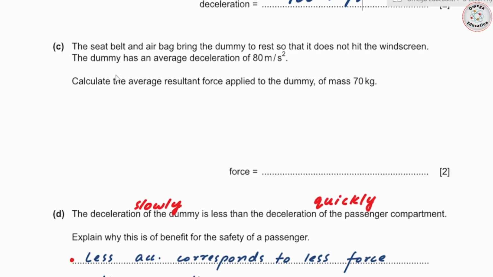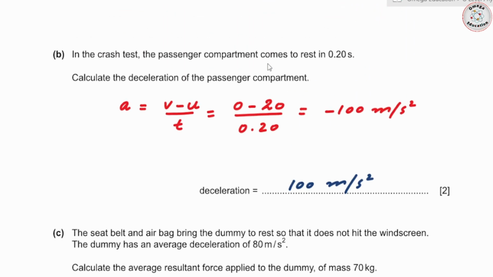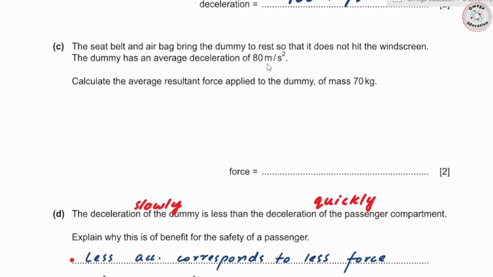The seat belt and the airbag bring the dummy to a rest so it does not hit the windscreen. The dummy has an average deceleration of 80, which is smaller than the deceleration of the passenger compartment. So the dummy is experiencing a smaller change in velocity, or you can say the velocity of the dummy is not being decreased quickly.